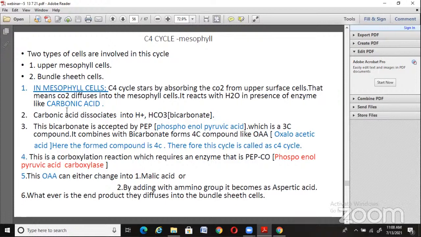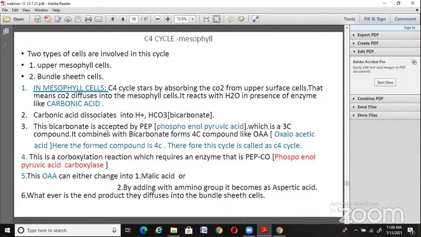So, under the influence of carbonic anhydrase, CO2 reacts with H2O and forms carbonic acid. This carbonic acid, in the mesophyll cells only, dissociates into H+ and bicarbonate.